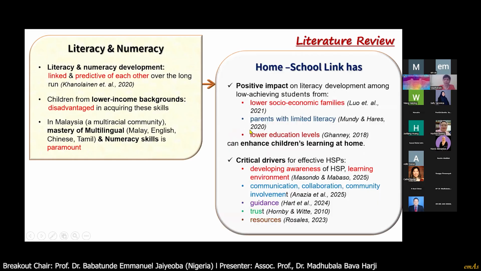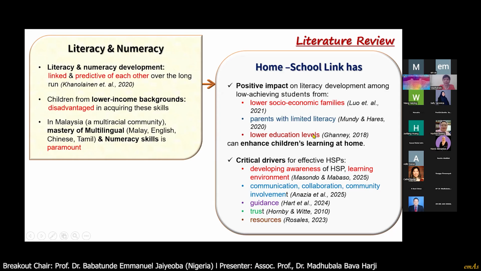We also looked at homeschool links, and these links have found positive impact on literacy development among low-achieving pupils from low socio-economic families, parents with limited literacy, and parents from lower education levels.